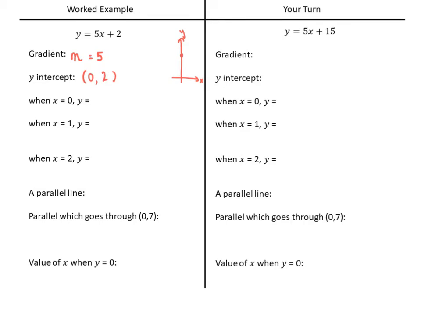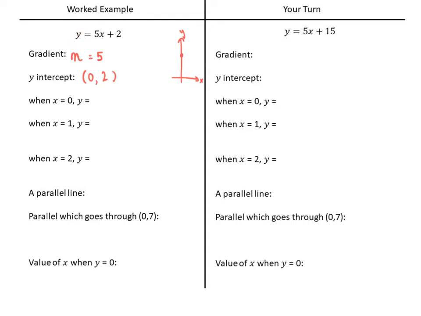Now, the whole point in the equation of a straight line is it can be used to generate y coordinates. If I plug an x value in and evaluate the right-hand side, i.e. do the number work, I'll get the y coordinate out.